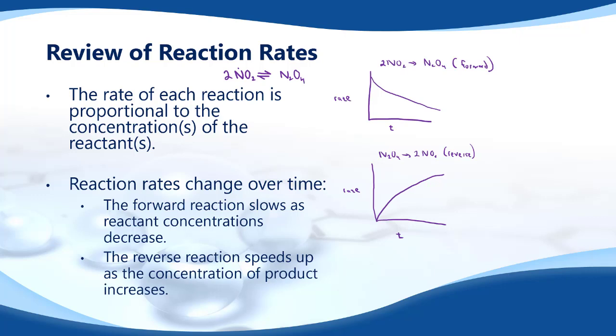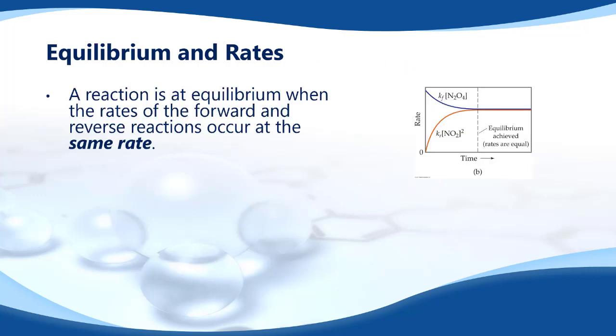Our overall definition of equilibrium is when the forward and reverse reactions happen at the same rate. So when our NO2 forward reaction is occurring at the same rate as our N2O4 reverse reaction, we've reached equilibrium.